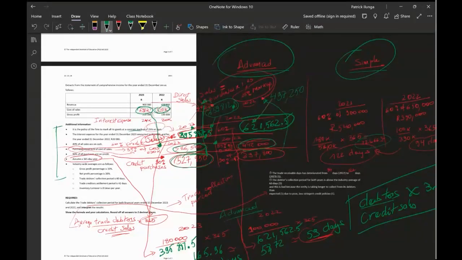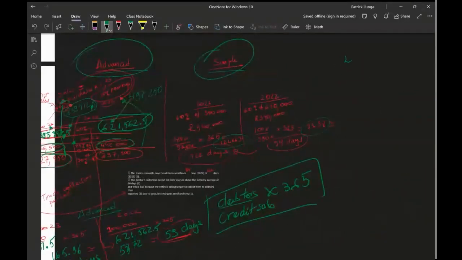Now, if you understand, markup means that I have a cost. I buy something at 5 rand, and I put a markup of 25%. Okay, this is quite simple. I buy something at 4 rand, and I put a markup of 25%.